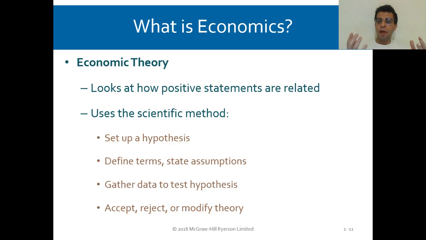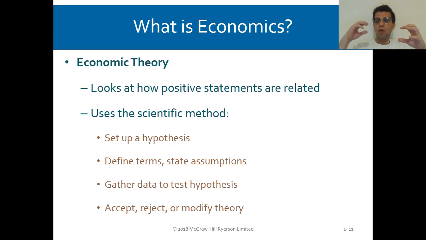Then you gather the data. So when you gather the data, suddenly you find that X does not result in Y, for example, but 2X will result in Y. So you adjust your hypothesis and say 2X will result in Y. Then you repeat the process: define the terms and say, assuming everything else is constant, no Z there, no F there, no B there, and this is where you do the assumptions.